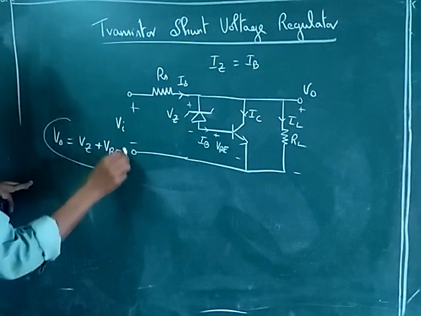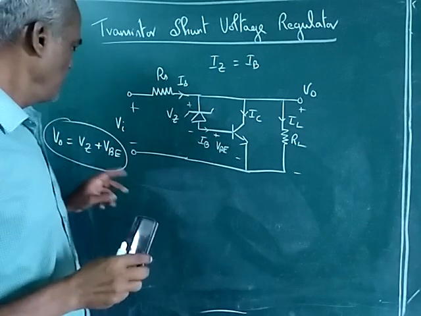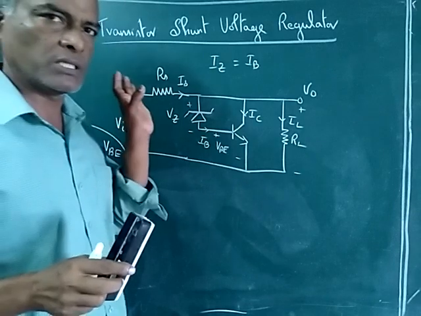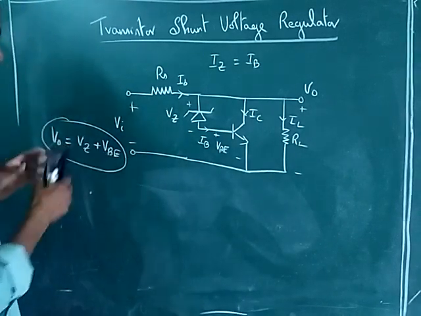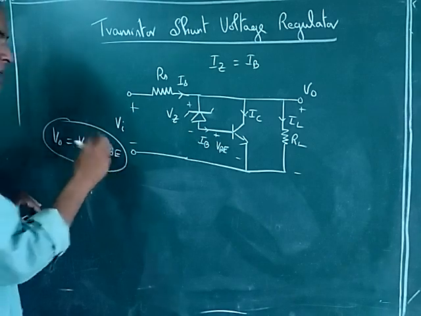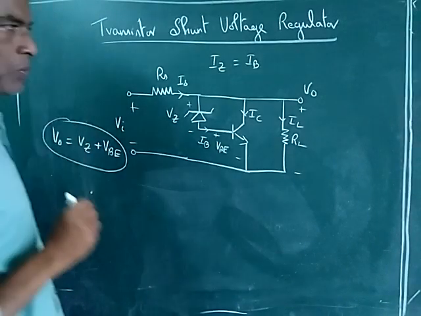Now this is the equation we have. Is this going to change? It is not going to change. Why? Because Vz is constant, VBE is also constant. So whatever voltage we define for Vz, you must add 0.7, and that will be the regulated output voltage. So this is the one basic equation.